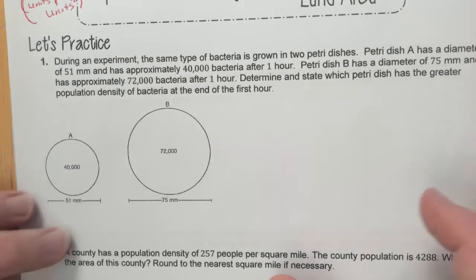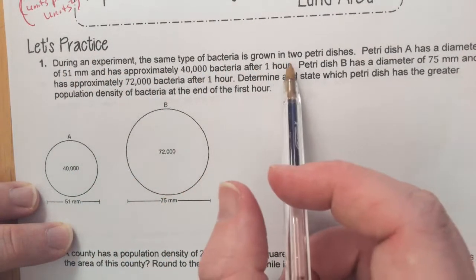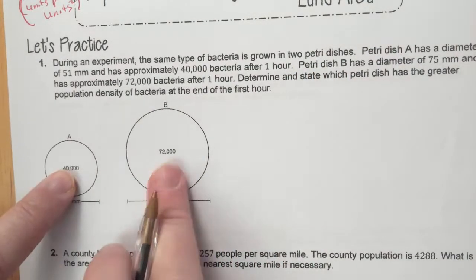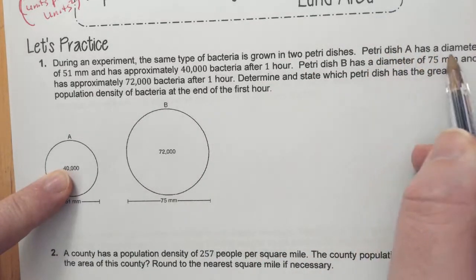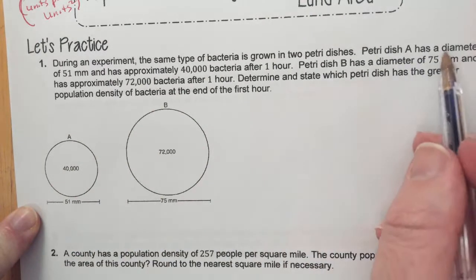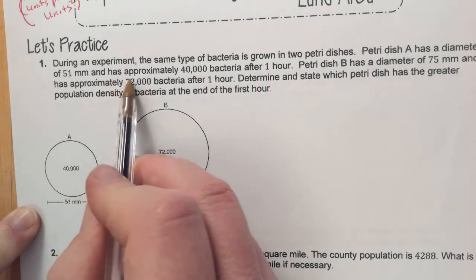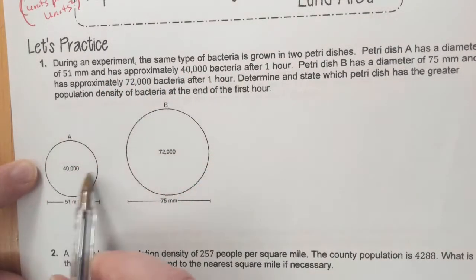Number 1: during an experiment, the same type of bacteria is grown in 2 petri dishes. Petri dish A has a diameter of 51, so all the way across is 51, and has approximately 40,000 bacteria per hour.